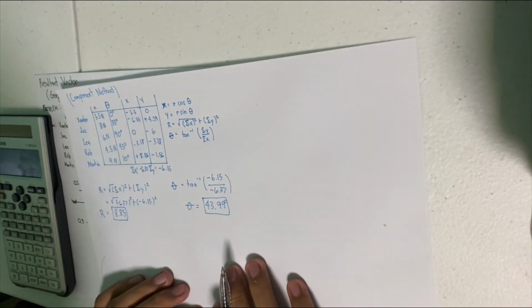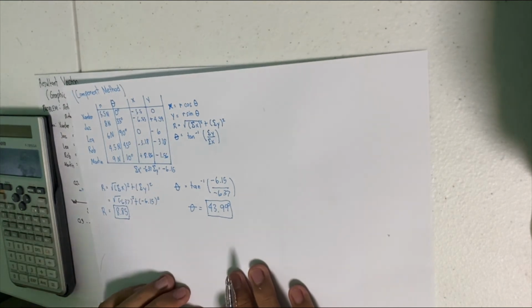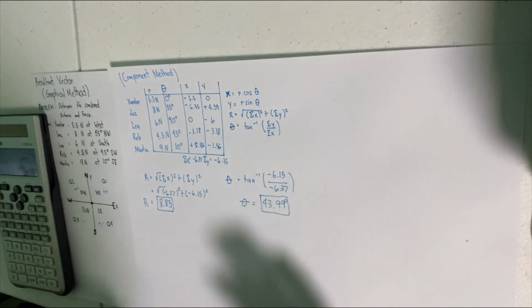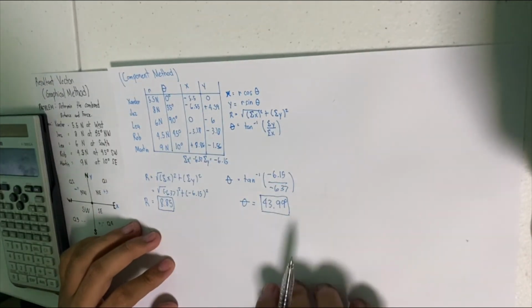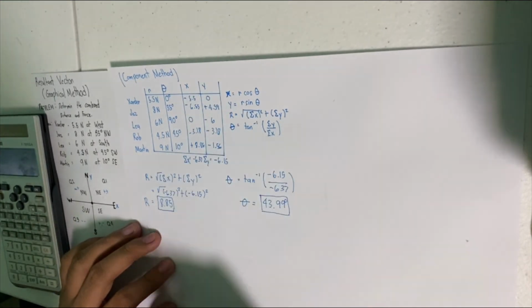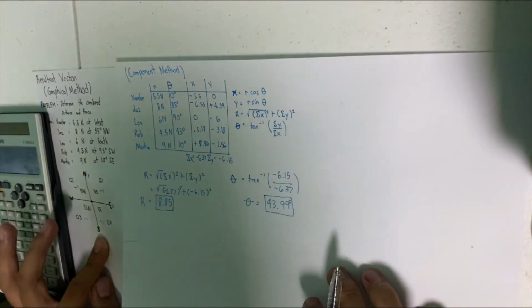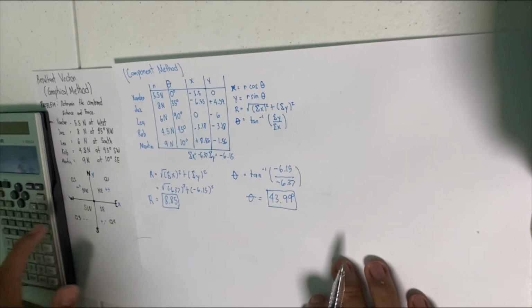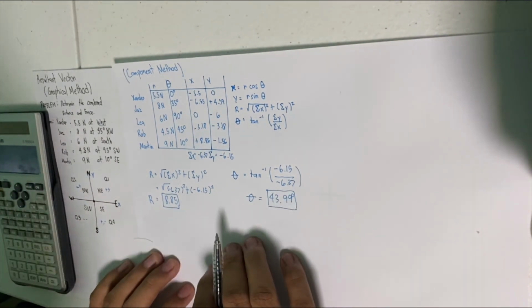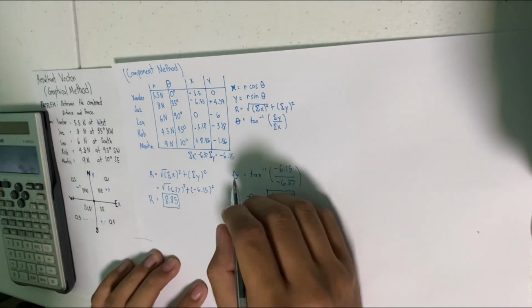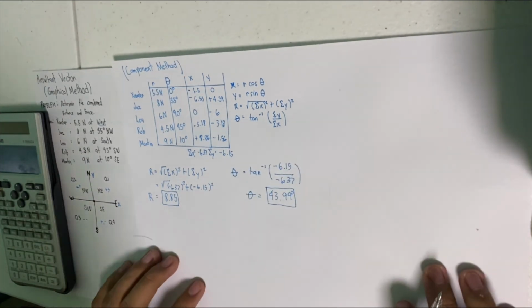And for the last part is the direction. As you can see, the final answer in x and y is both negative. As we can see here in the map of direction, it is in quadrant 3, the negative part, which is southwest. We need to take a look.